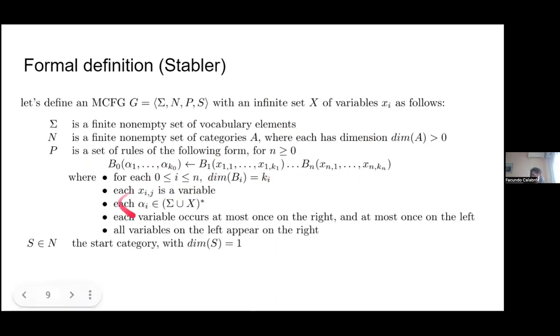And well, each chunk belongs to the closure of the union of sigma and x, and each variable occurs at most once on the right and at most once on the left, which is a condition similar, more restrictive, I think, to linearity. And all variables on the left appear on the right. And okay, this is the start category with dimension 1, as we saw.